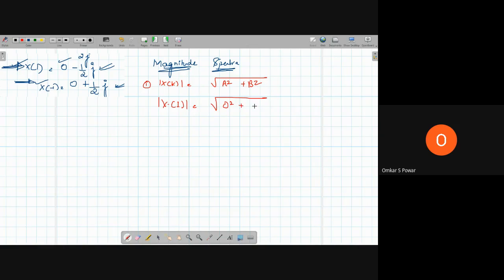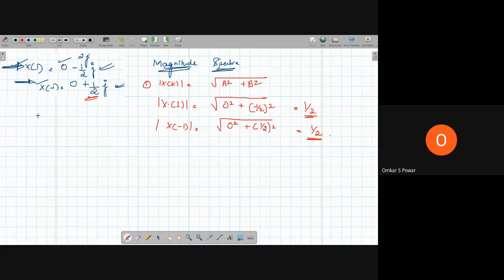What is your value of b? Minus half, the whole squared. So you will get magnitude of x of 1 is equal to half. Then what we want is the magnitude of x of minus 1. So 0 a squared plus, what is your b here? Half. So half squared. So what is your magnitude? Again it is also half.